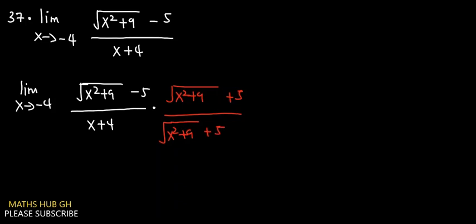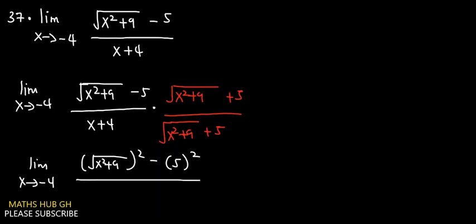So you can write this as the limit as x approaches minus 4 of the square root of x squared plus 9, squared, minus 5 squared, all this divided by x plus 4 multiplying the square root of x squared plus 9 plus 5.